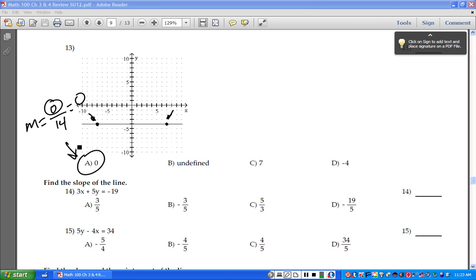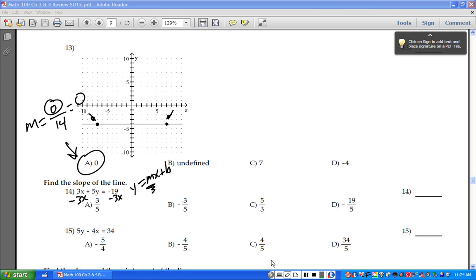Alright. 14, find the slope of the line. You're given an equation, they want you to find the slope. It's in standard form. You want to put it in slope-intercept form, because whatever falls out in the M position will be your slope. So in this case, we'd want to subtract 3x from both sides. Excuse me, let me erase. Getting ahead of myself.